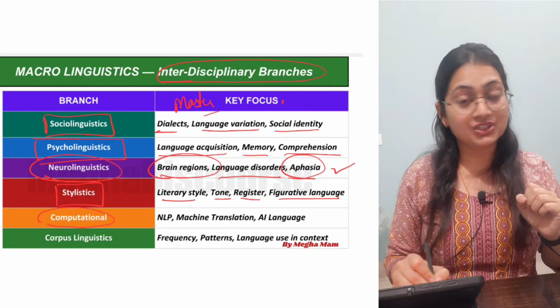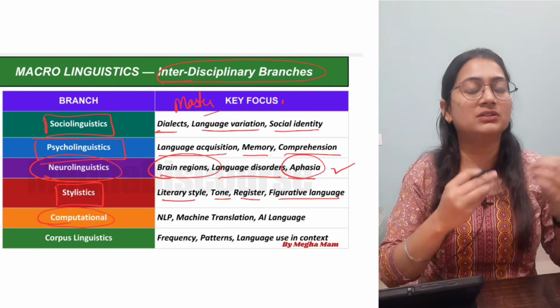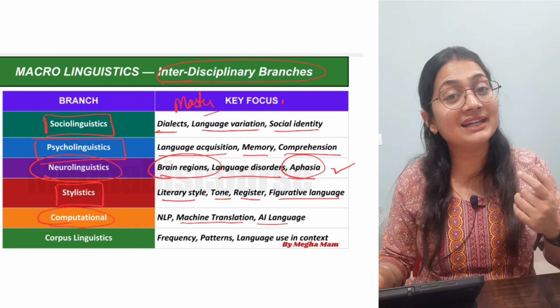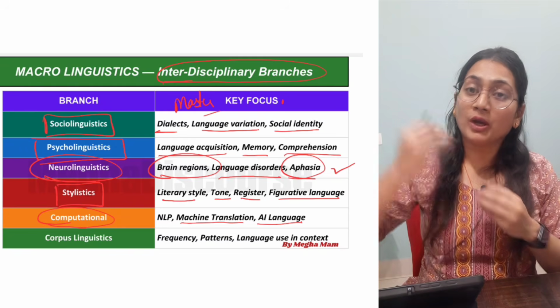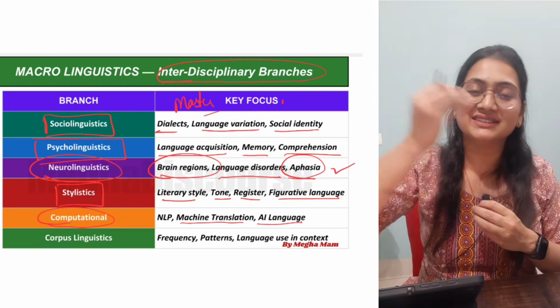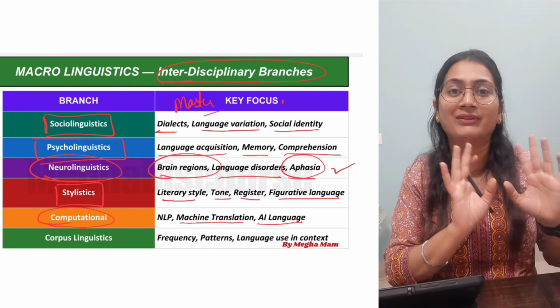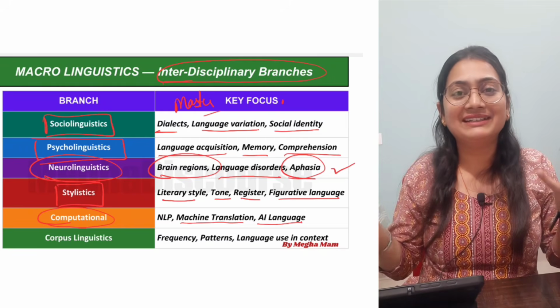Now computational linguistics, that is the study of linguistics through computer science. Here you will get machine translation and AI language, like ChatGPT and Google Translate. What program is behind that language understanding? Computers have their own languages, like Java and C++.